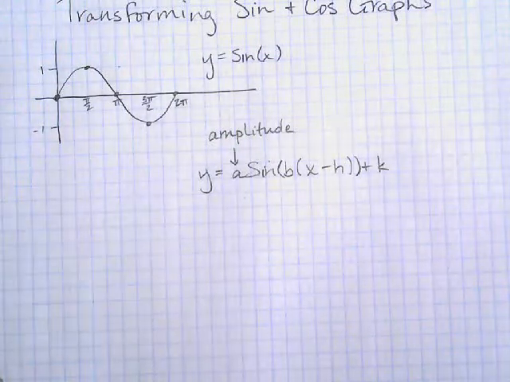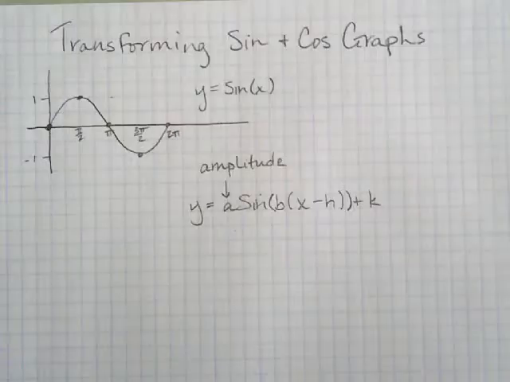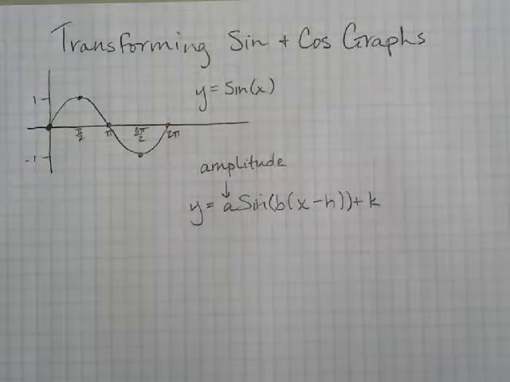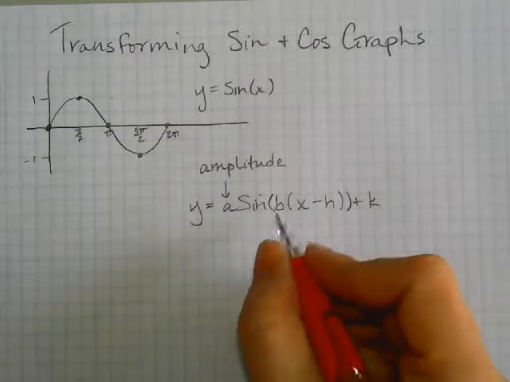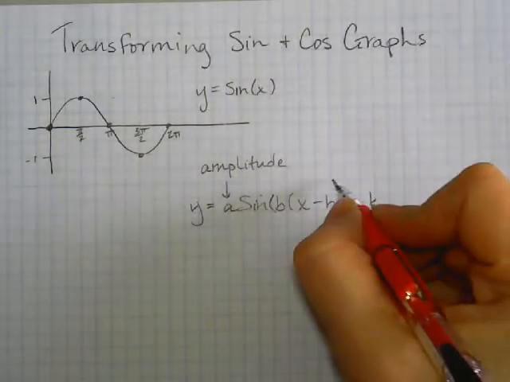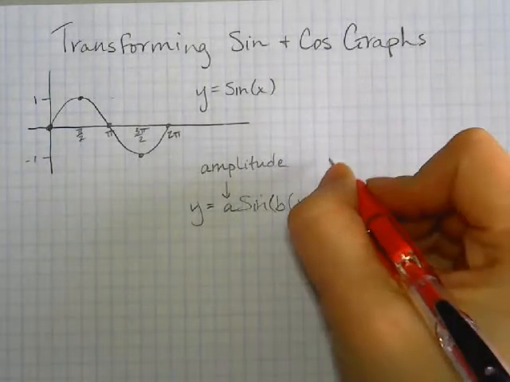B is the new one. We'll talk about that in a minute. H moves you left or right. And K moves you up or down. Specific to sine and cosine graphs, K tells you where your new midline is.